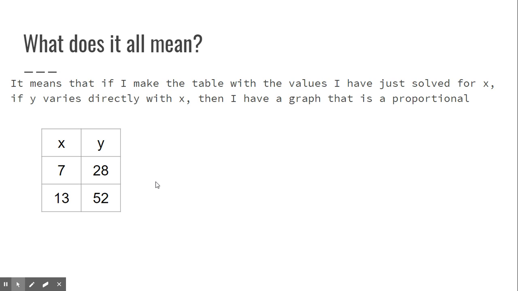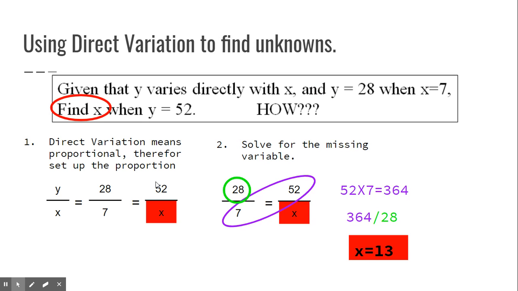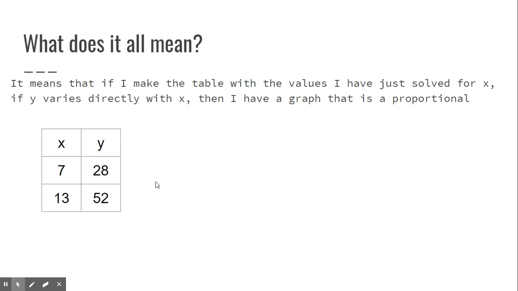If I have the points 7 and 28, 13 and 52, which is what I just solved for, right? In the other question it said y was 28 when x is 7, so I put 7, 28, and then I solved for 13 and 52. So all I did was put the values into the table like we've always seen. All right, so how do I know that that's proportional?